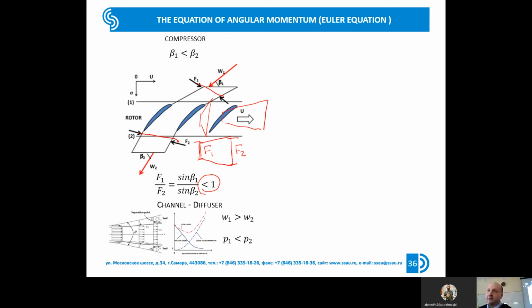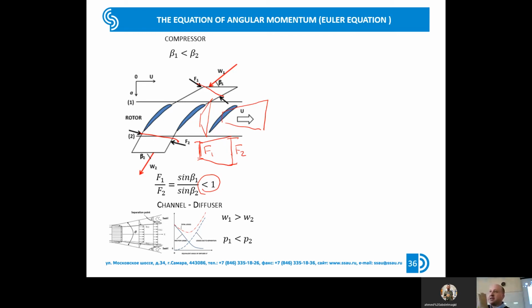In this case, if you have a short diffuser, you receive flow separation and a lot of losses. It's not good. So if you reduce the length of the diffuser, you increase the losses related to the separation of the flow.